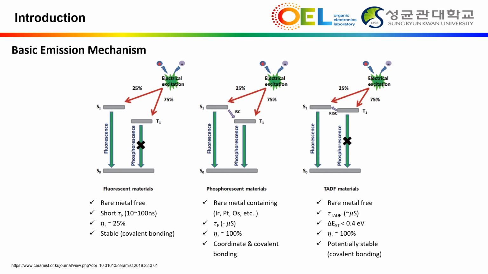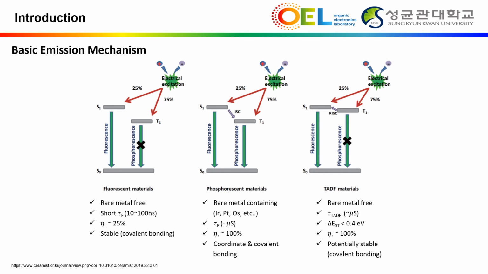The second mechanism of emission in OLED is phosphorescence, which uses triplet excitons instead of singlet excitons to emit light. This process requires the use of heavy metals such as iridium or platinum to induce what is known as the heavy atom effect. In contrast to fluorescence, where only singlet excitons can emit light, phosphorescence can use both singlet and triplet excitons to emit light.